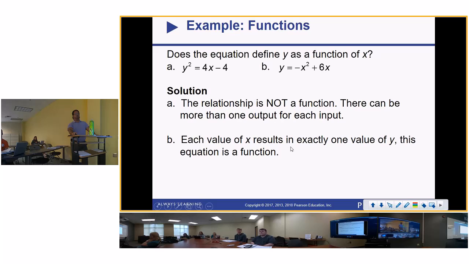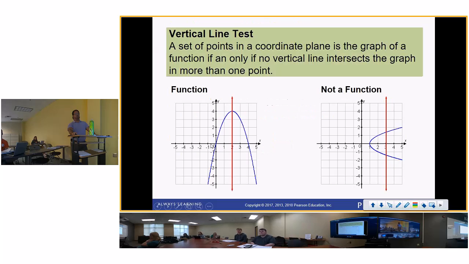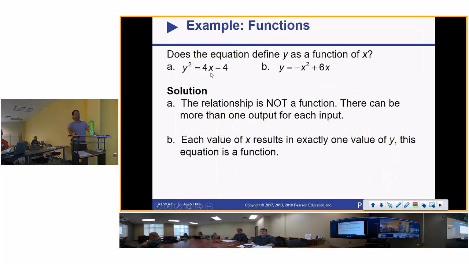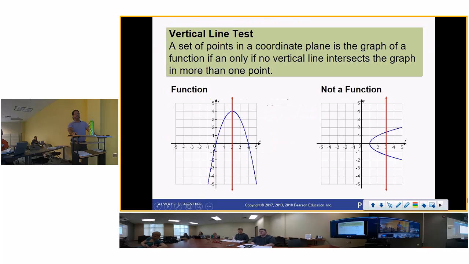So one of them is yes, and one of them is no. I don't think I would put that one on a test. Okay, let me go ahead and write this down. I will not put this on a test, but I will put this on a test. You see what I'm saying? It's easier for you to see the function on a graph, especially when it's a hyperbola.